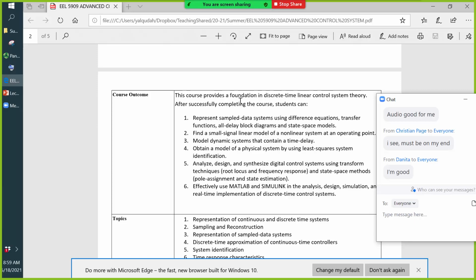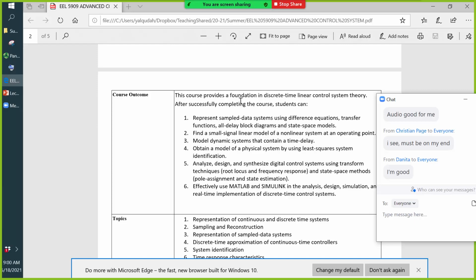We're not going to be dealing with continuous time signals or systems, but rather we're going to be dealing with discrete and digital signals. And therefore, because we are dealing with discrete and digital signals, all the analysis tools are going to be different, and all the performance calculations are going to be different, and therefore we're going to be using new tools to analyze and to design our controller.